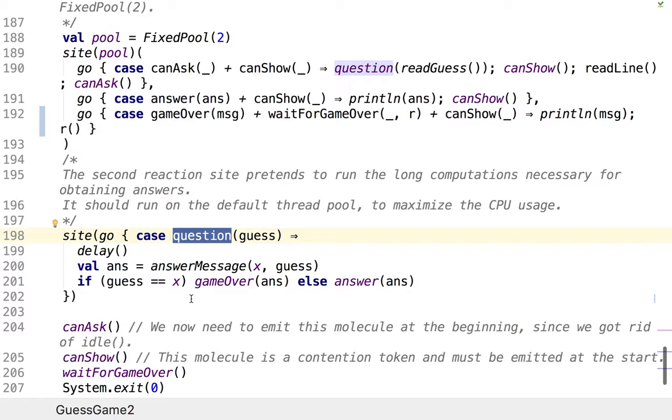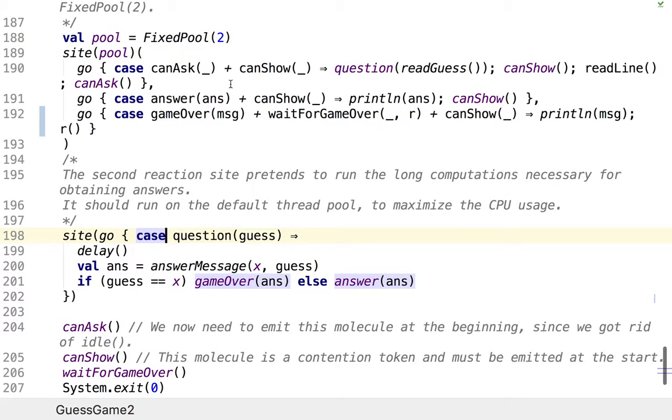For one reason, each reaction site has its own scheduler, and the schedulers run in parallel. So scheduling reactions here and scheduling reactions here runs in parallel. So if for some reason this is very busy, or the scheduling itself is very slow, which can happen in certain bad cases, this will not affect scheduling here.